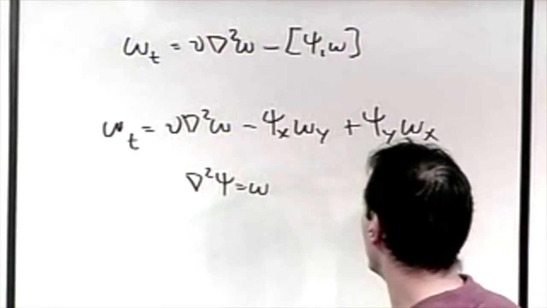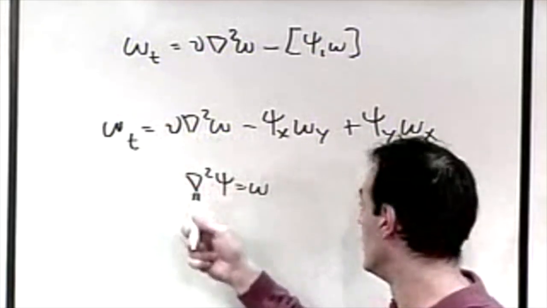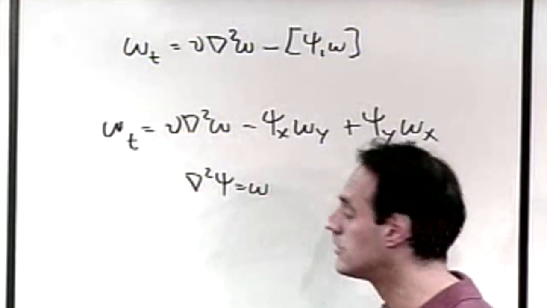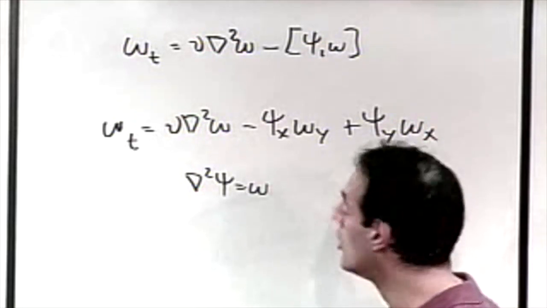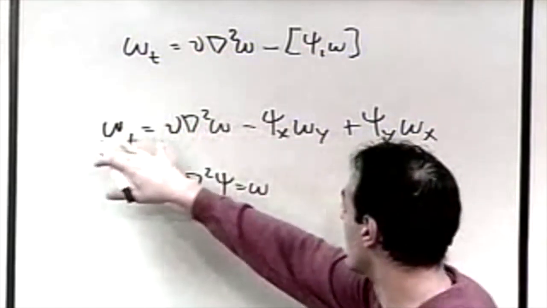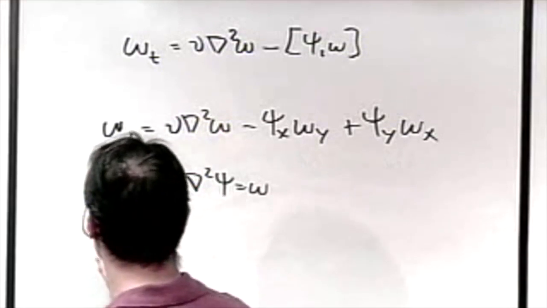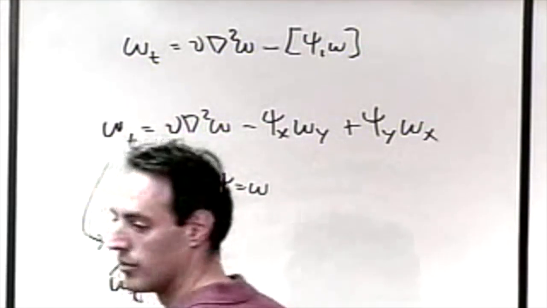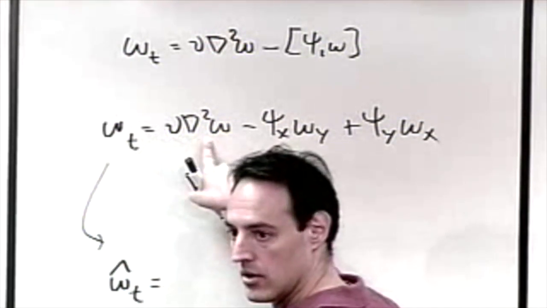Now notice, we have x derivatives, y derivatives, two derivatives in x and y. So we need to start thinking about how to build this thing, and we're going to do it all Fourier transform-wise. When you Fourier transform this whole equation, you get the Fourier transform of omega equal to the Fourier transform of this.